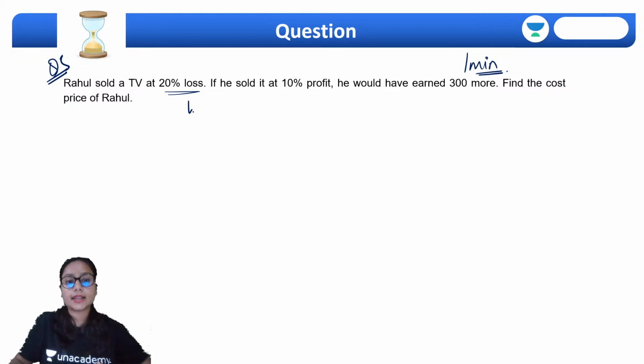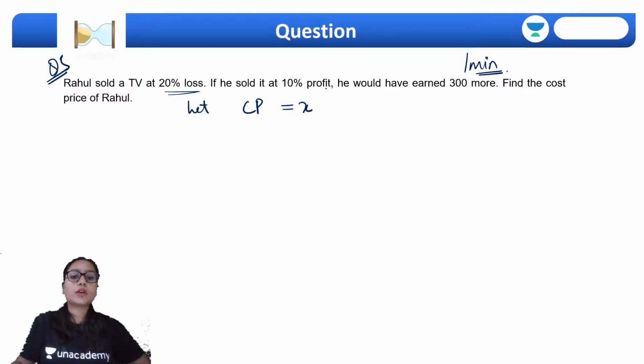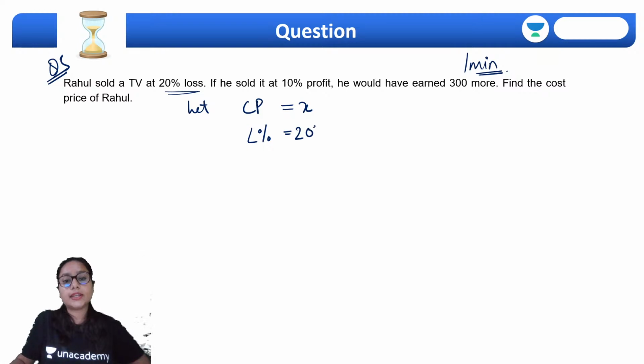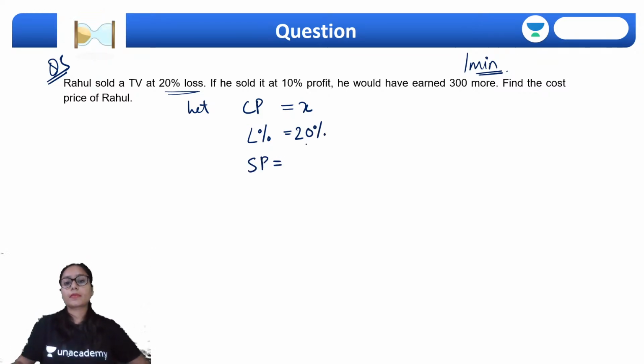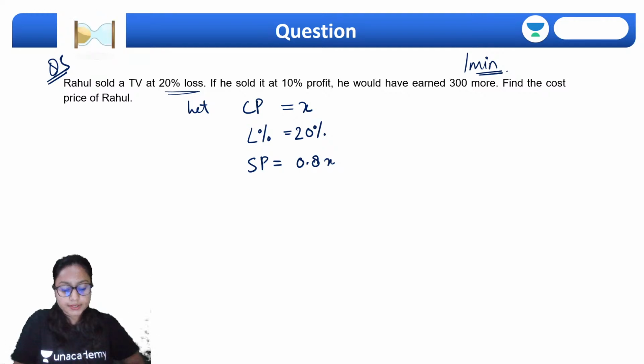Let us take the cost price of the TV as X. If the cost price is X and the loss percent is 20%, the selling price will be 100% minus 20%, that is 80% of X, that is 0.8X.